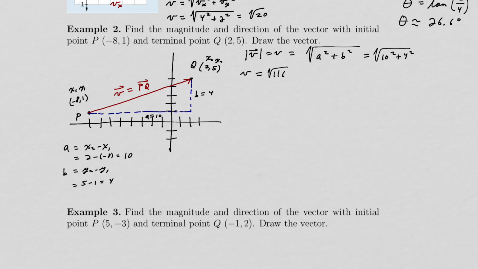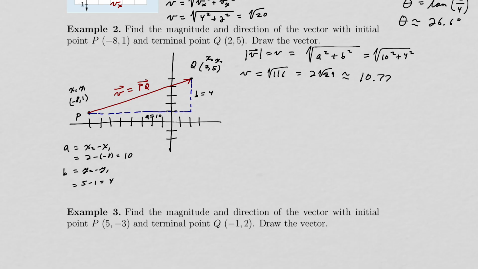And then you can simplify this. If you do the factor tree, the prime factorization of 116 is 2 times 2 times 29. So this is going to be 2 times radical 29. Or if we approximate it as a decimal value, it's around 10.77.